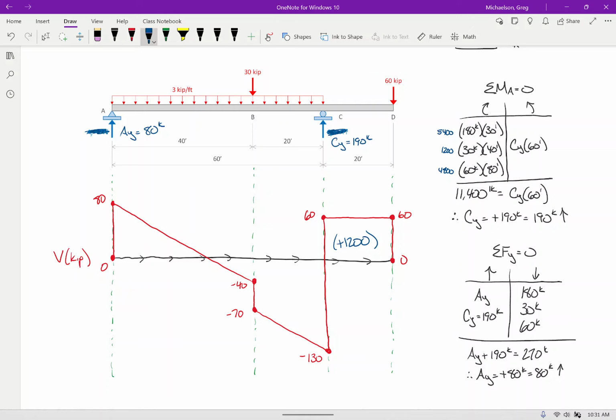Now, I'm going to do something over here on the side. Let's take a look at this region right here. So, watch this. I'm not going to worry about the negatives. I'm just going to say 130.